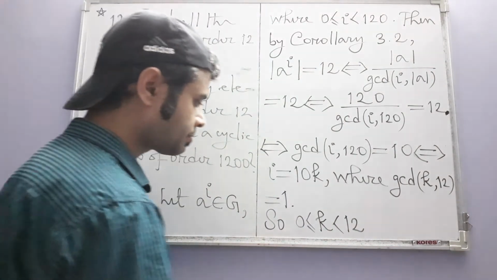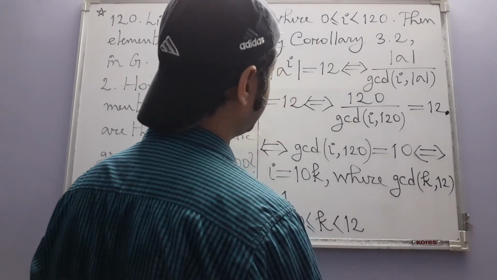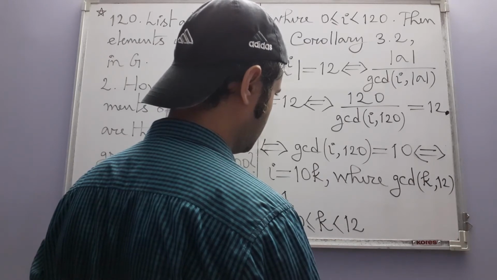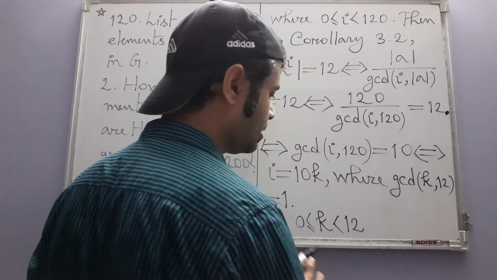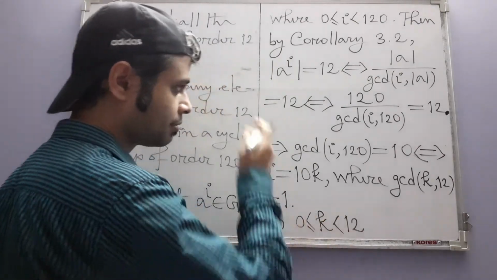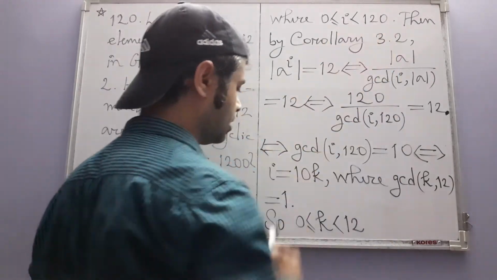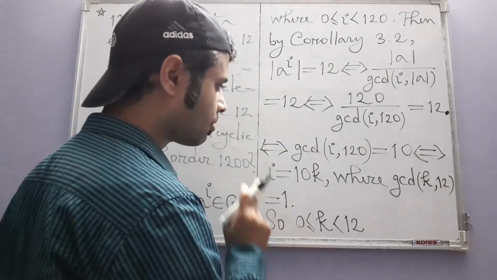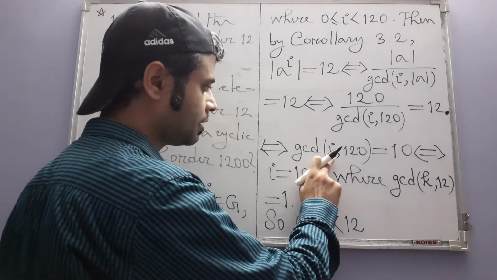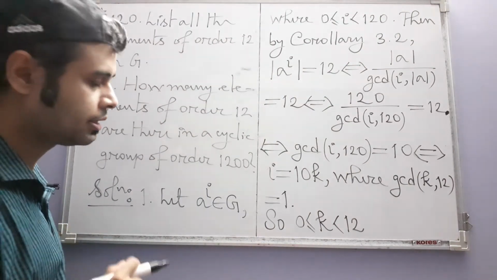Right? 0, however, no, 0 is actually not a possibility, but still we can write it, simply because we are getting these inequalities from these inequalities. 0 is not a possibility, because if you take k equal to 0, then i becomes 0, and then the GCD is 120, it is not 10.